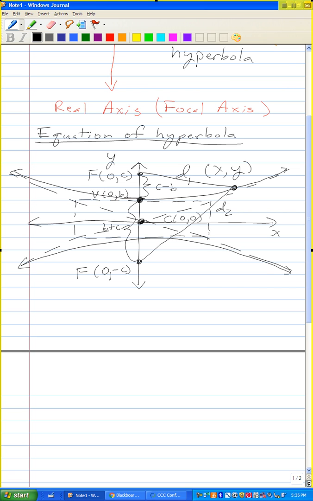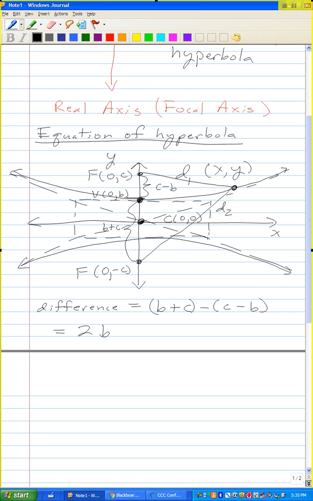And so the difference of the two distances is going to be b plus c minus (c minus b), which equals 2b.